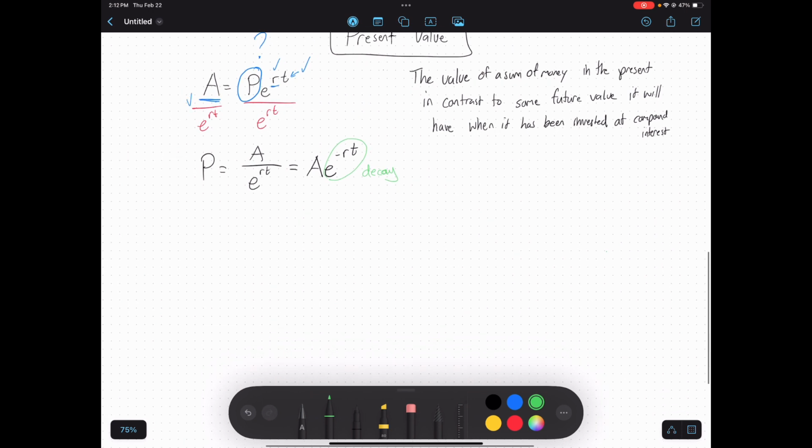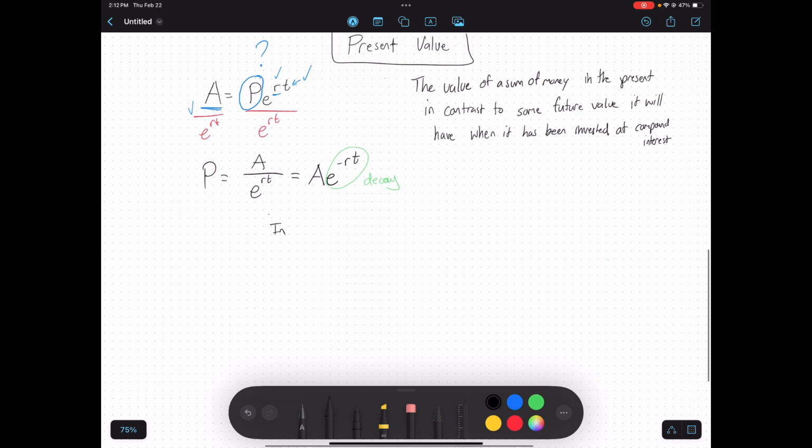So let's look at an example of this. Let's say an athlete signed a contract where in 6 years their salary will be $12 million. Okay?